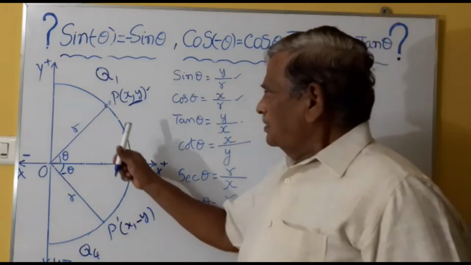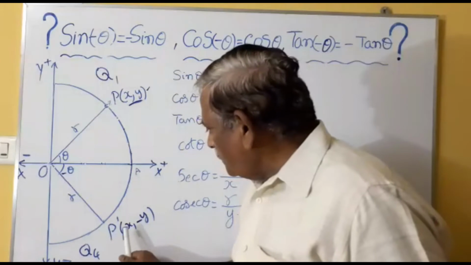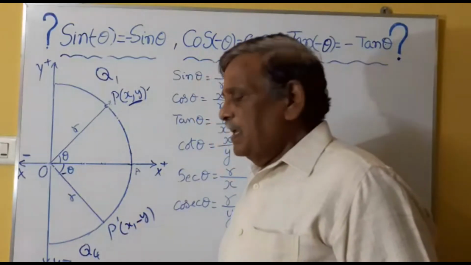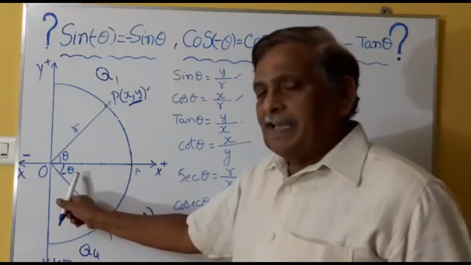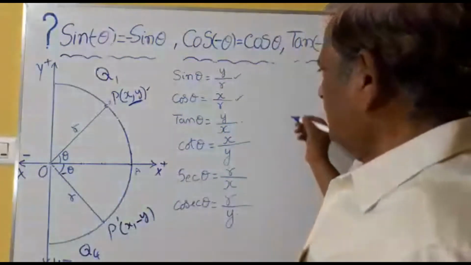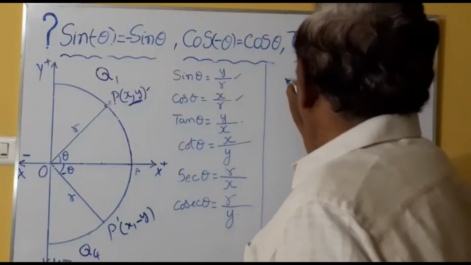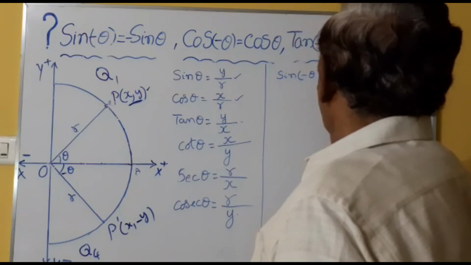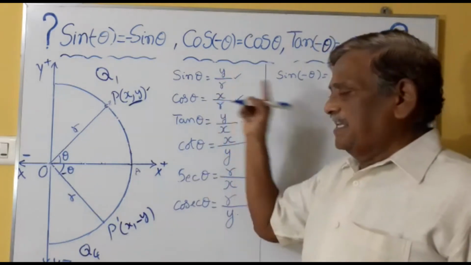Now, for this point P dash, x comma minus y, let us write the trigonometrical ratios of minus theta degrees. Sin minus theta equal to, what is the definition? Y coordinate by radius.